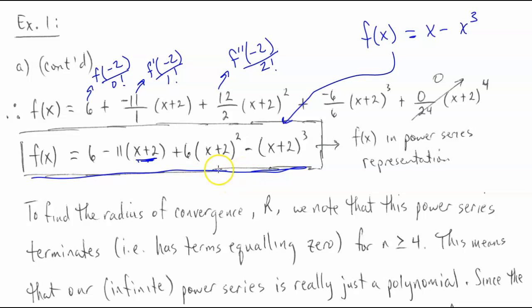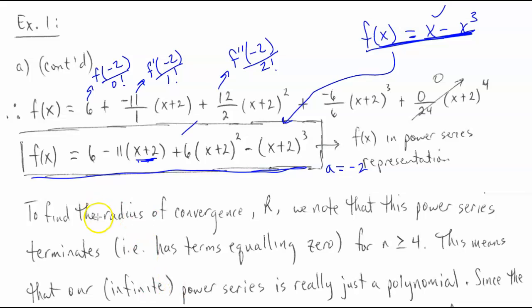And that's what you see here. So at this point, what we have is the Taylor series representation of this particular function centered about a equals -2. So this and this are supposed to be the same thing.